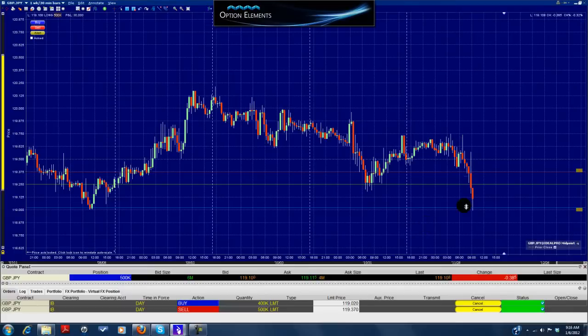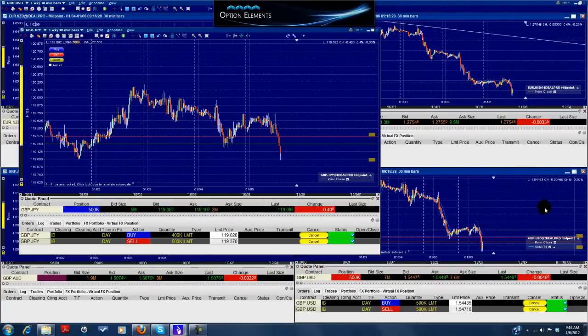So what we're trying to do is buy more, average down by buying more yen down here on the blue. That's going to bring our green line closer and closer to the edge or the lower end of what could be the range for the day. We've got our sell order in up here, what I think may be the top end of the range. So that's how we're going to work this trade right now. But there's nothing to see on that as of yet.